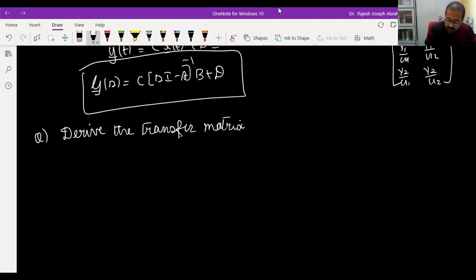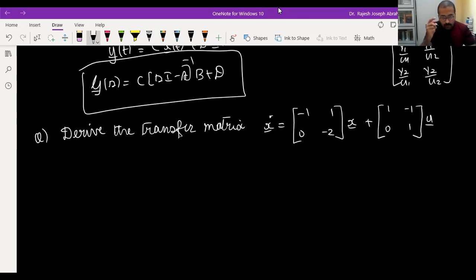So you are given x dot equals the matrix [-1, 1; 0, -2] x plus B u. So you see here now B is a matrix. Okay. Why? Because there are two inputs. So u bar is u1, u2. Okay. And y equals [1, 0; 1, -1] x. Okay.